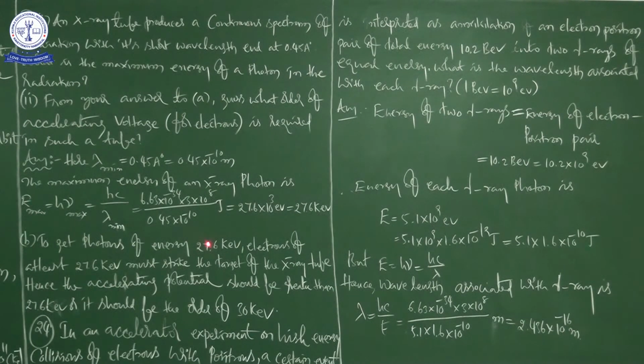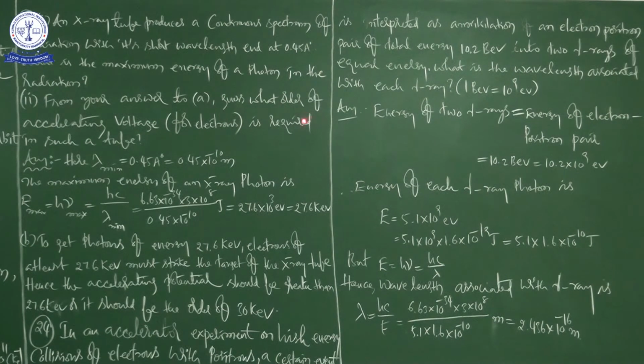To get photons of energy 27.6 kilo electron volt, electrons of at least 27.6 kilo electron volt must strike the target of the X-ray tube, right? Listen carefully, this is the information he is giving.